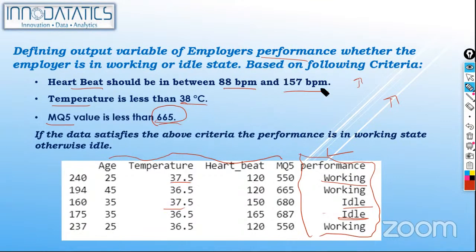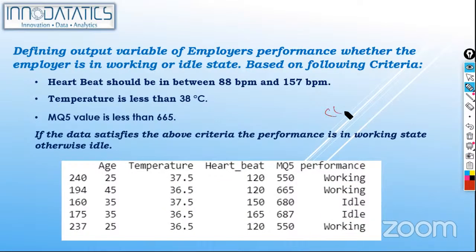We created this performance column based on the inputs we got from the employer and the data we have in hand, so that we have a classification output to do predictive analysis on this data set.